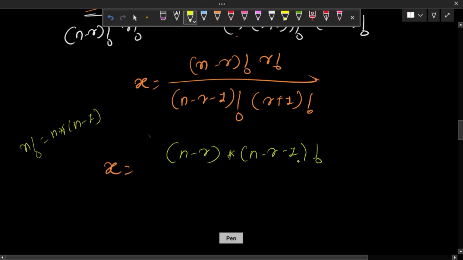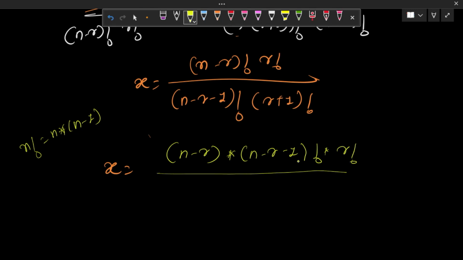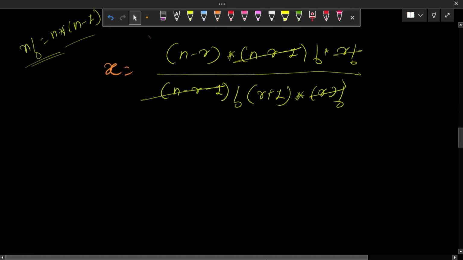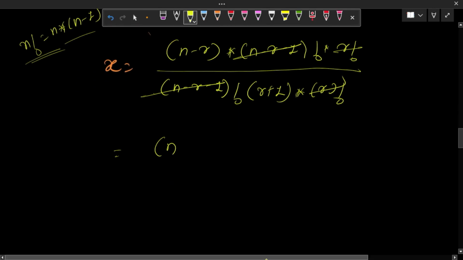Similarly, r plus 1 factorial is r plus 1 multiplied by r factorial. Let's try to cancel it out. This cancels, and we are left with n minus r upon r plus 1. So x is equal to this.